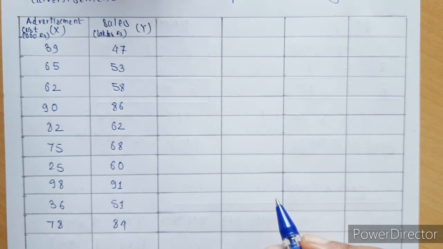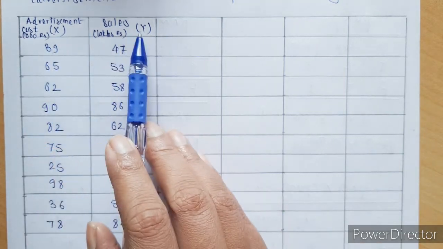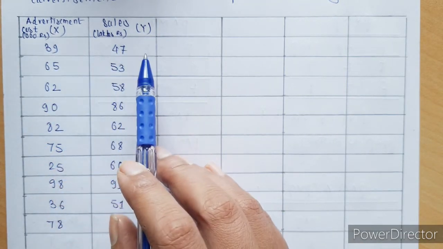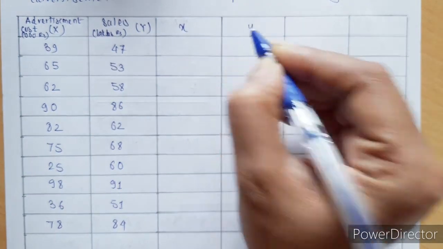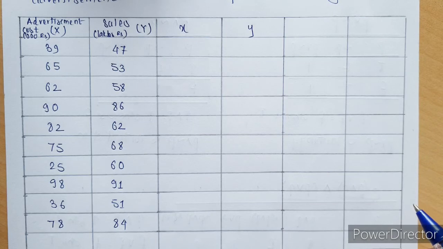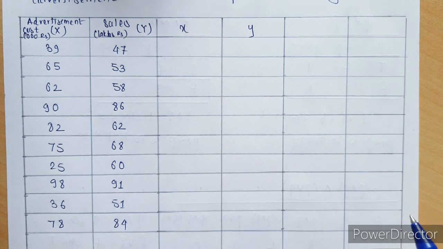We have used capital X and capital Y for the variables advertisement and sales. Now, we are using small x and small y for ranks: small x for the rank of advertisement, and small y for the ranks of sales.